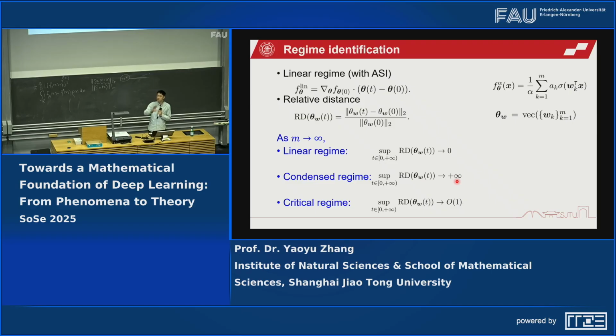That means there's no way you can use linearization around the initialization to understand the whole dynamics. There's no hope. And in between, in the critical regime, it's very difficult to prove something because it's highly complicated. But we observe in practice it's kind of order 1, though it can also have different behavior depending on finer results.